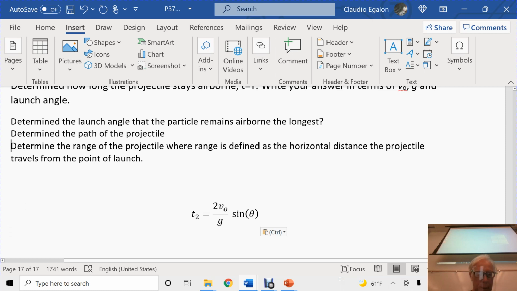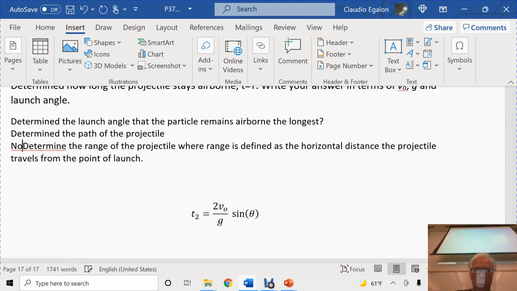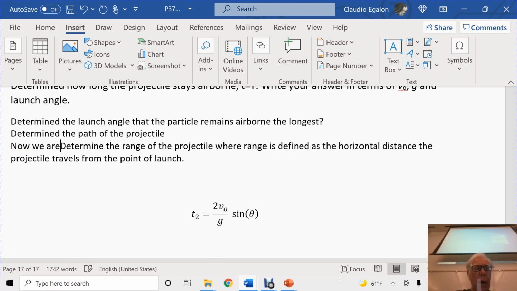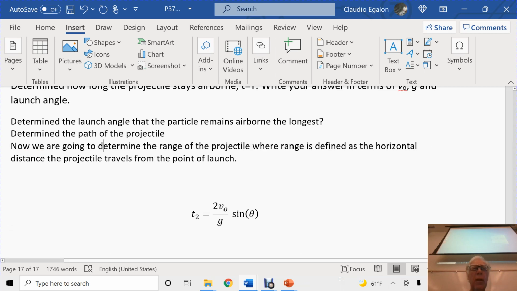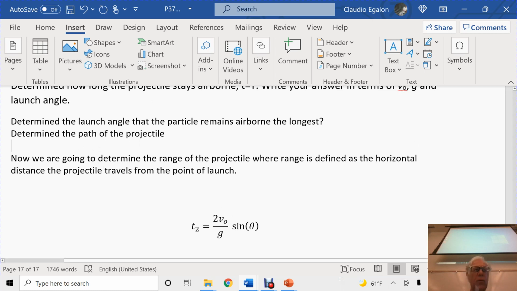Now we are going to determine the range of the projectile, where range is defined as the horizontal distance the projectile travels from the launch point.